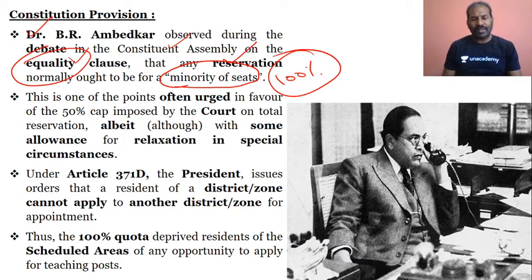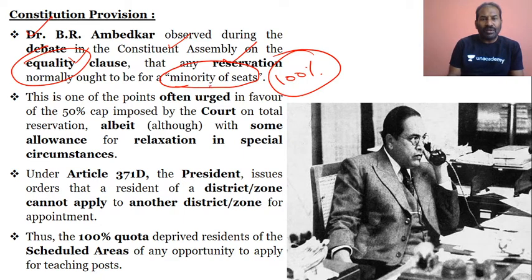We are getting into the in-depth in regard to the quota system, in regard to the scheduled areas, in regard to how equality means, how it is really important, and then how the Supreme Court has taken into consideration various judgments, Indira Sawhney case, Mandal reservation, and again emphasizing what the founding fathers spoke about the word equality.